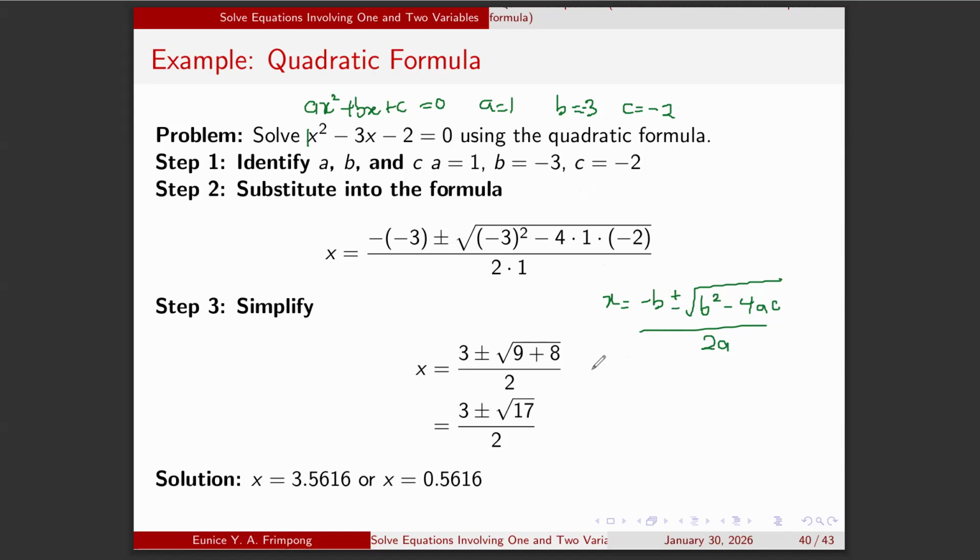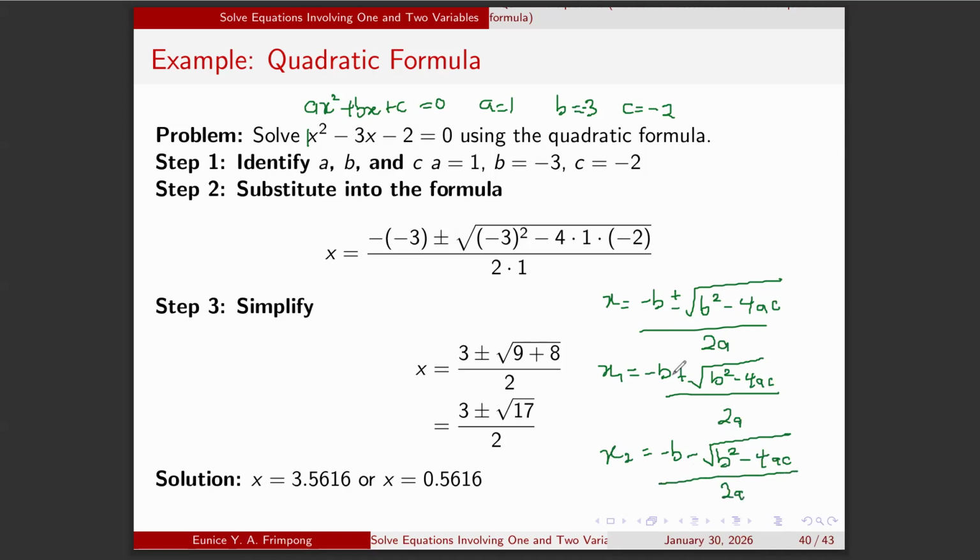The first one is going to be x1 equals minus B plus square root of B squared minus 4AC all over 2A. Then your x2 is going to be minus B minus square root of B squared minus 4AC all over 2A.